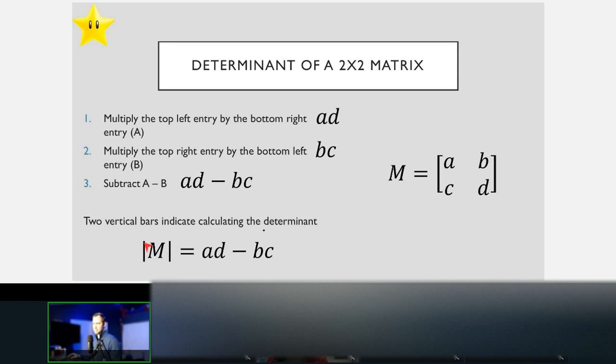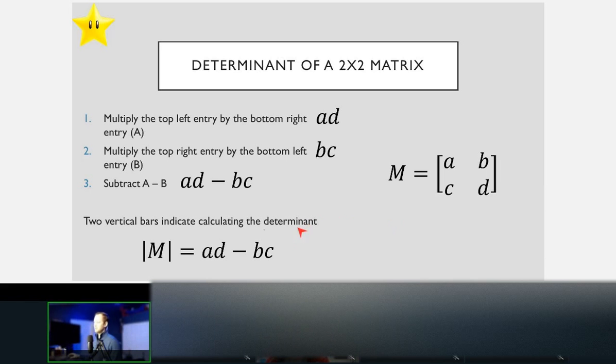So whenever you see these bars, this means find the determinant of M. When you see this notation, you should know immediately we're going to do A times D minus B times C. This is the formula, if you like formulas. But you should have this memorized. After you do a few, it's super easy. A times D minus B times C. So we should all save that to memory.